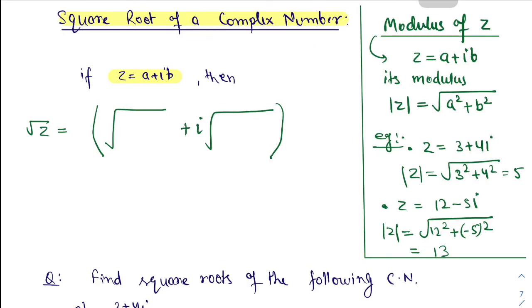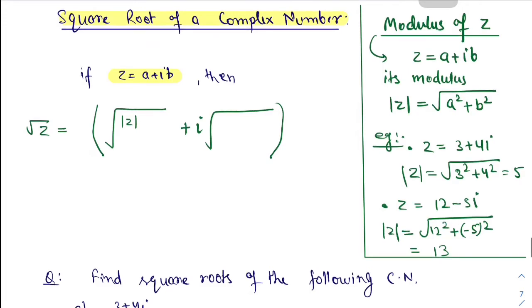So in the first square root, I will write mod of z plus a, that is real part, divided by 2. In the second one, mod of z minus real part divided by 2, and in the beginning we will use plus or minus accordingly, what is the sign of b.